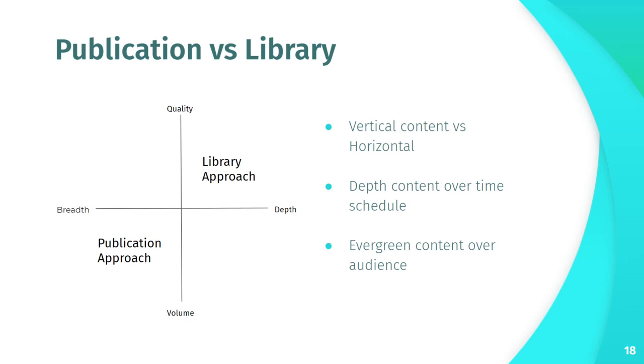In the library approach, you focus more on the quality and the depth of the content. So you don't really have a target to write 1, 2, 3 blog posts per week. You just want to have a very good article that is probably evergreen content that is going to last longer and is going to resolve your user's problem.